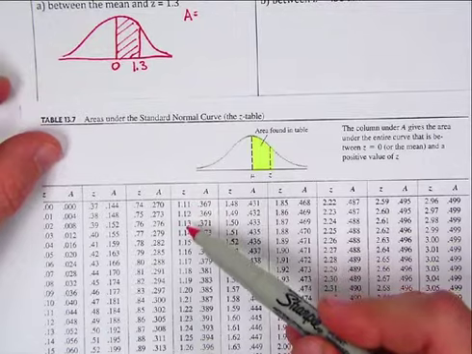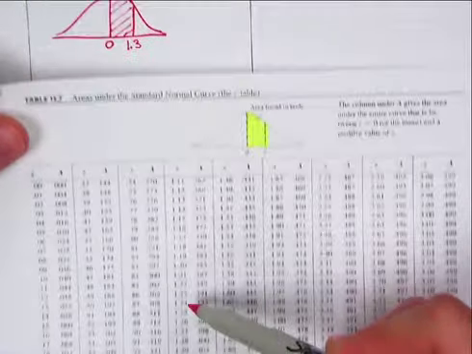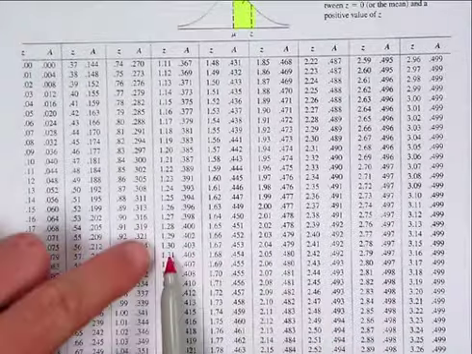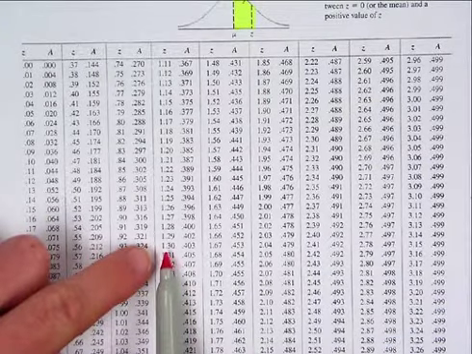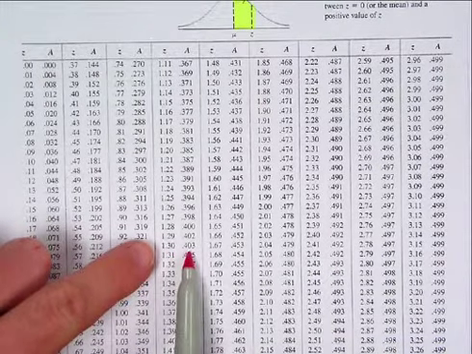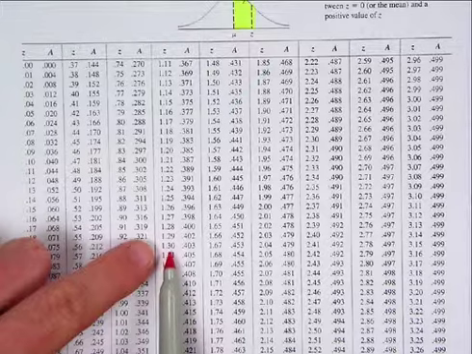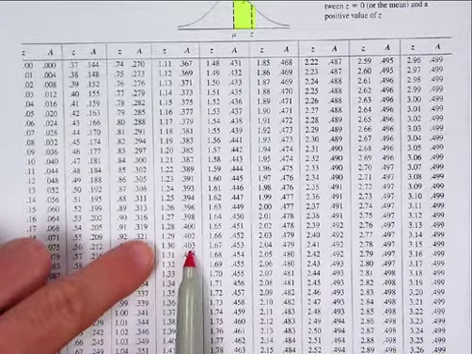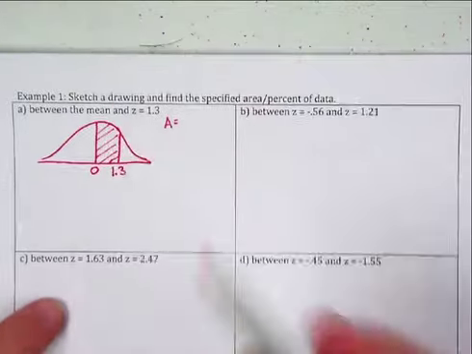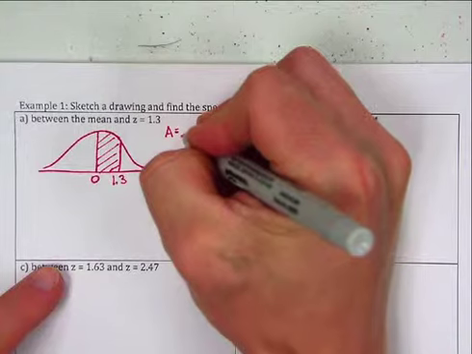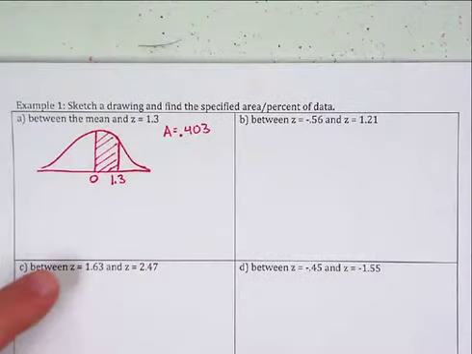So if we look here, we're going to find it right there. Now it's kind of funny here, the area is actually on the right side. So z of 1.3 has an area of 0.403. So go ahead and just find that area.